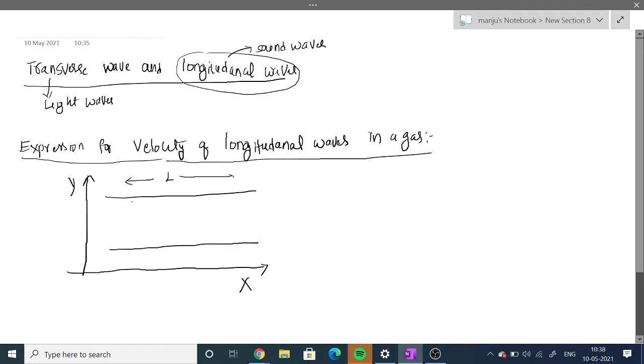Okay, so here to draw, let me consider two points, A and the second point B, perpendicular to the x-axis.